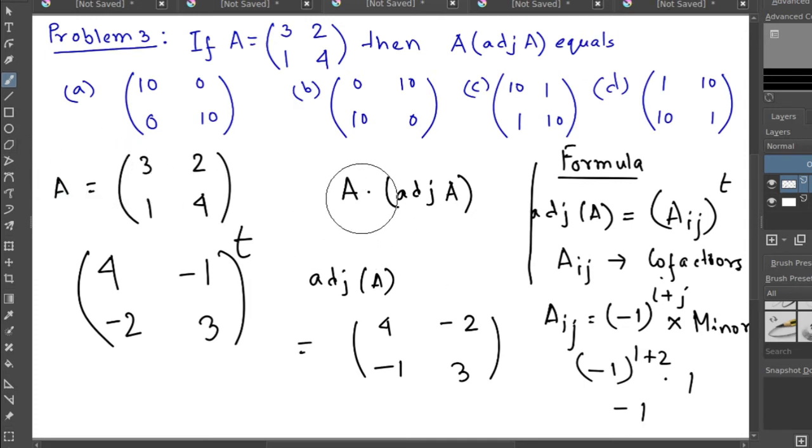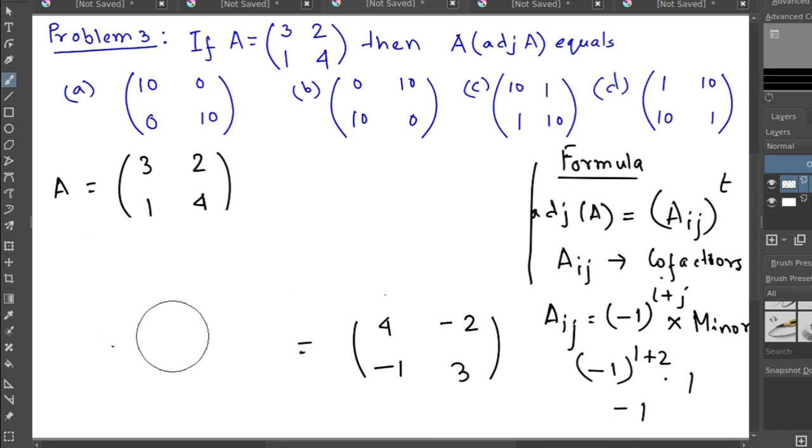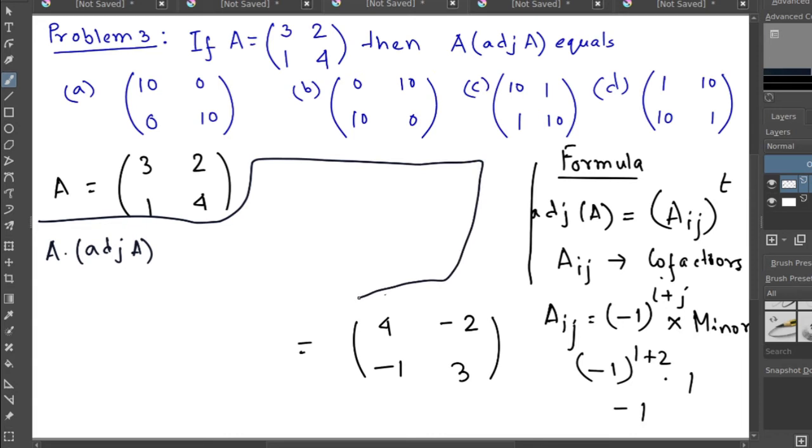This is A and this is my adjoint A. A times adjoint of A is exactly equal to 3, 2, 1, 4 times this matrix 4, -2, -1 and 3.